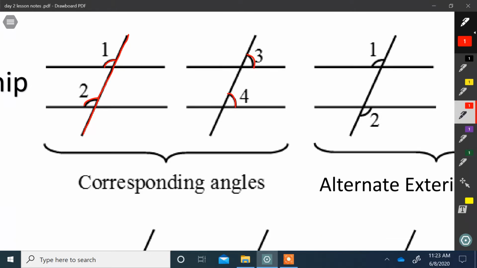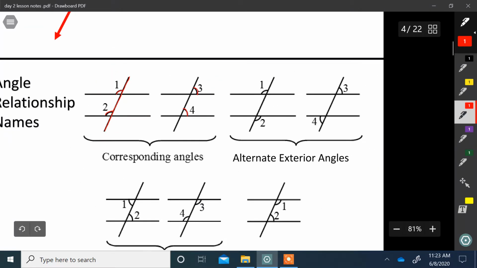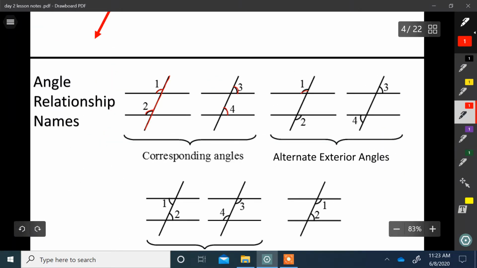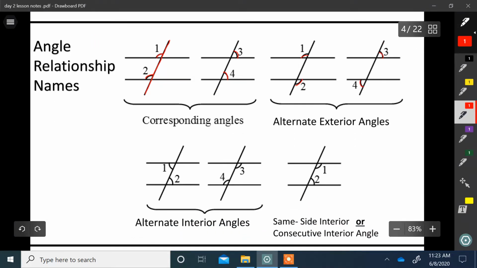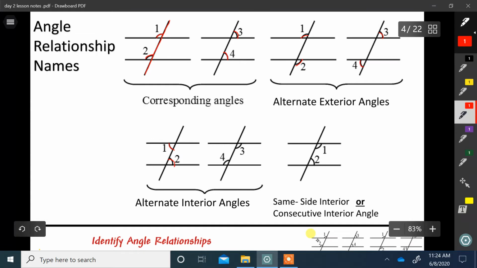They're on the same side, but opposite. These ones are called alternate interior angles. You can kind of tell the difference there. We also have alternate interior angles and same side interior or consecutive interior angles.